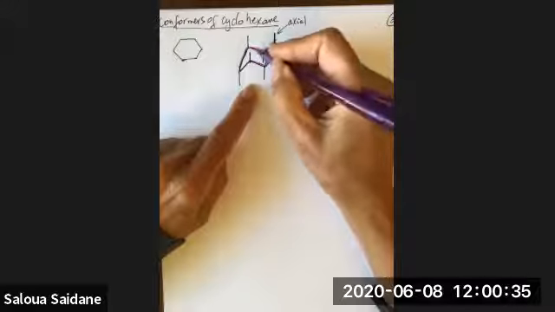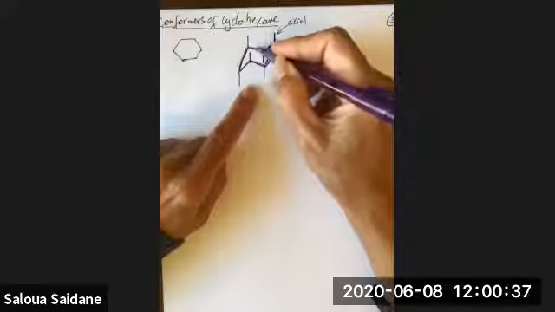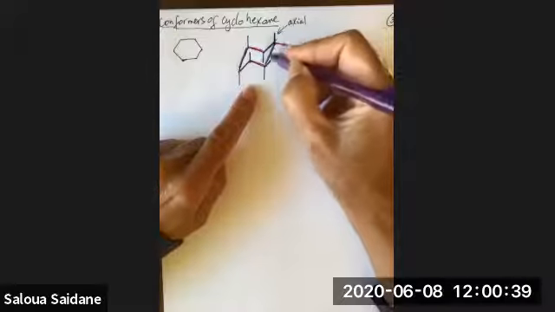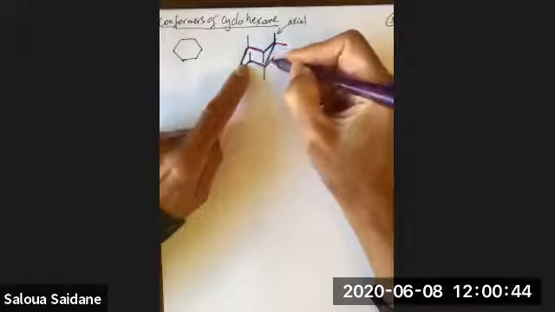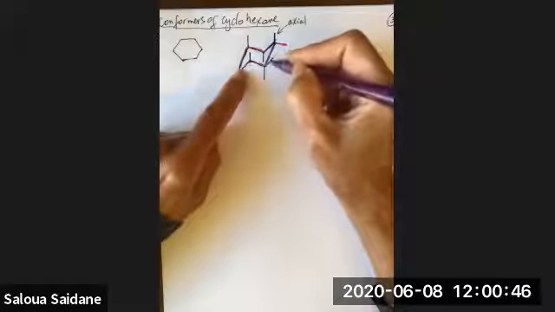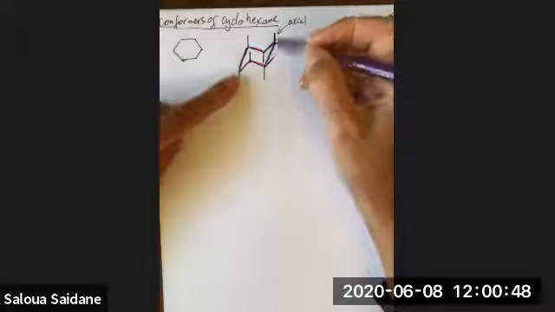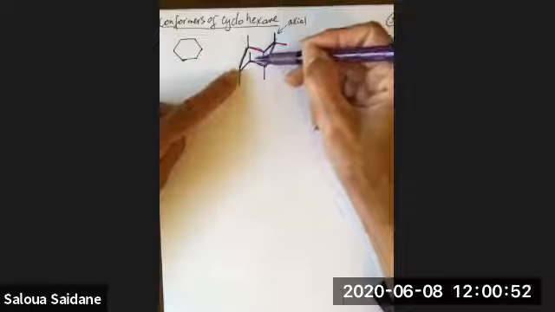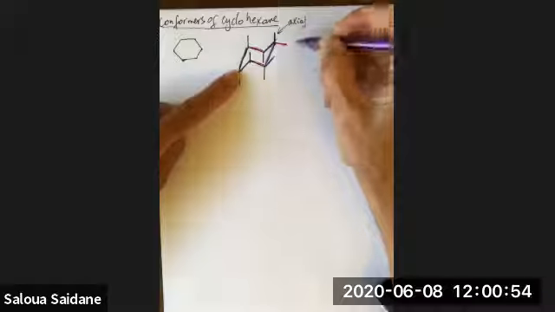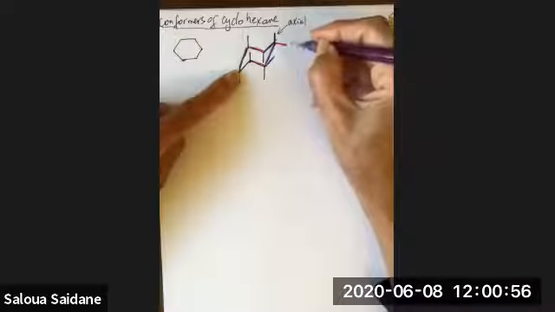So you see 1, 2 carbon, so this and this are parallel. This and this are parallel. So you look at the carbon next to it and create what's missing, that parallel bond. Now in here, we have to have an equatorial. So by the way, these are called equatorial. They're all called equatorial.